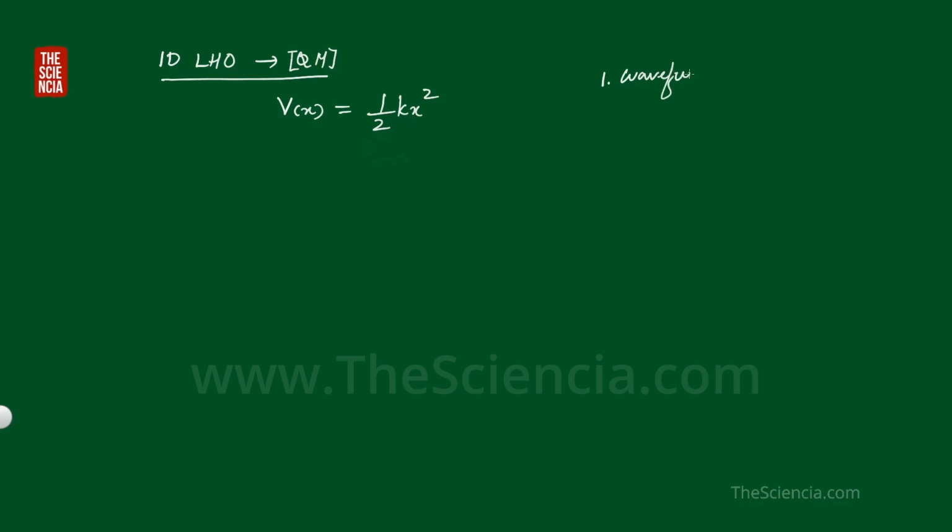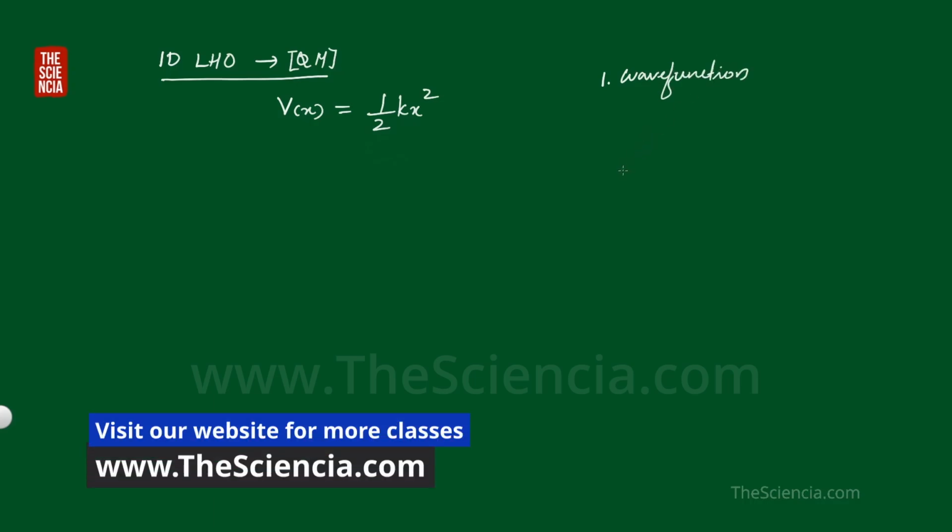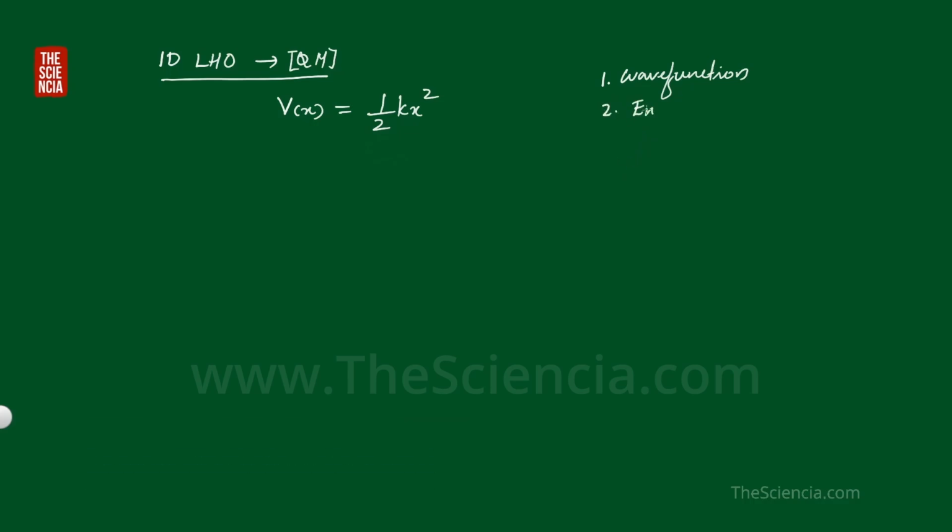You know, the particle in quantum mechanics is represented by a wave function, and I want to find out the energy of the particle. So different types of wave functions will have different energies. So I want to find out these two quantities. How can we find the wave function? By solving the Schrodinger equation.